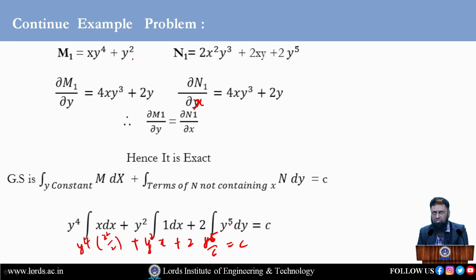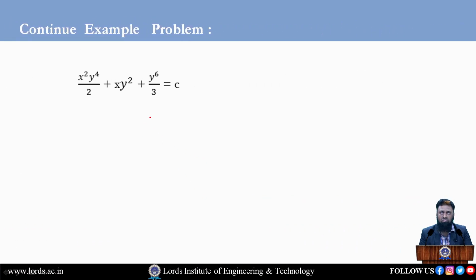Now you get the final solution: x square y power 4 by 2 plus xy square plus y power 6 by 3 equal to c.